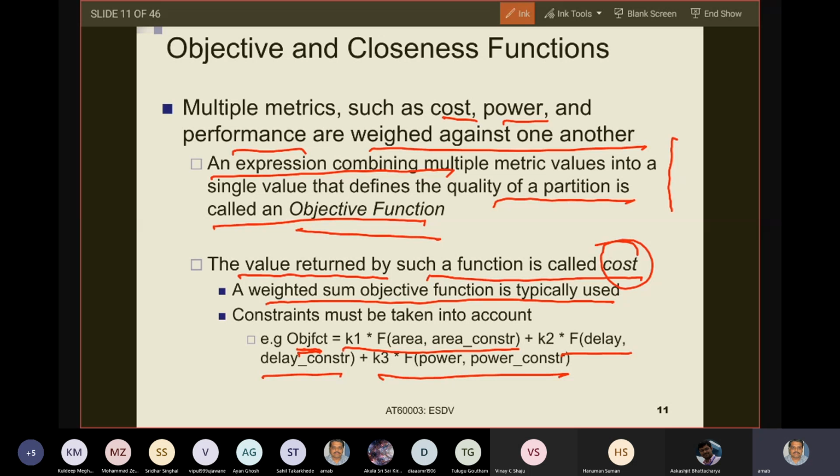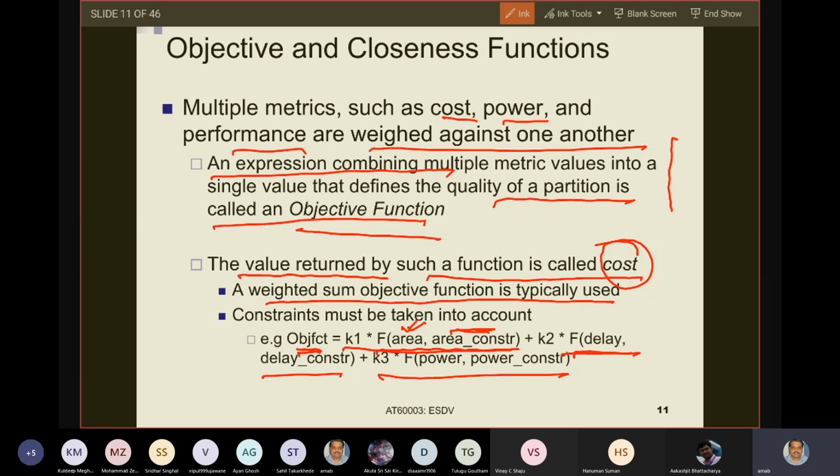Now, given, let us say, area, you will find out how good the partition is in terms of the hardware area. How do you obtain that? You obtain that using a function again. That function weighs two things. You have a current area for that partition, and you have an area constraint.